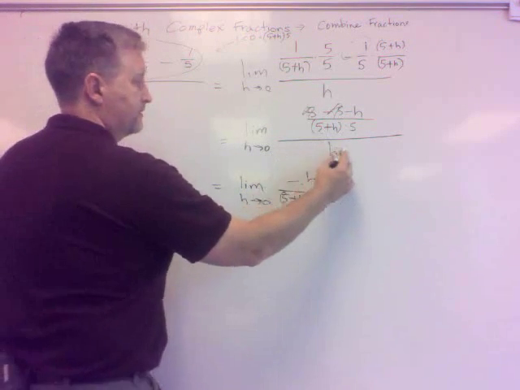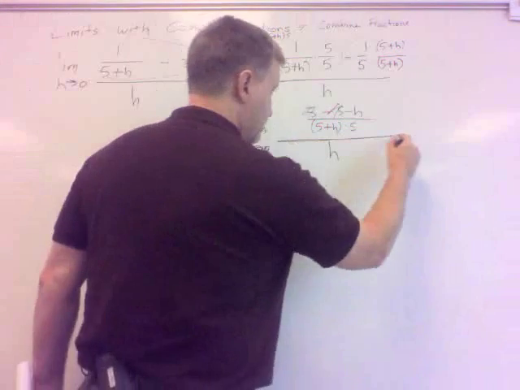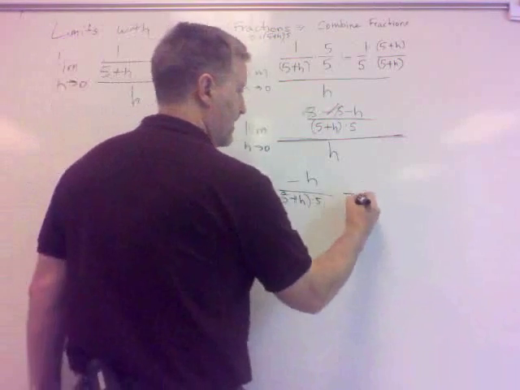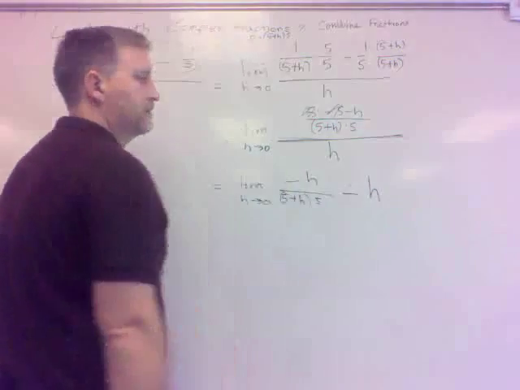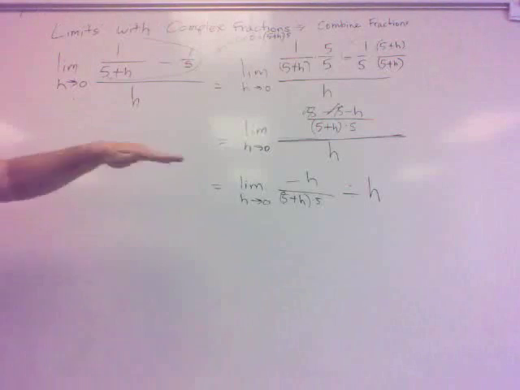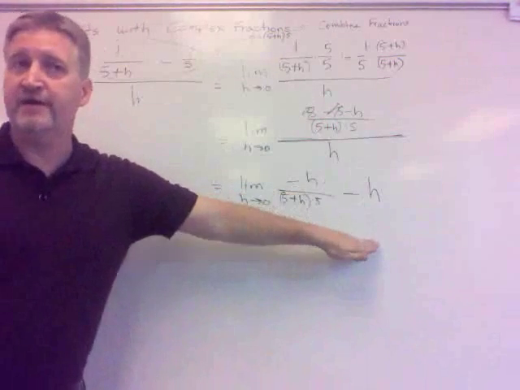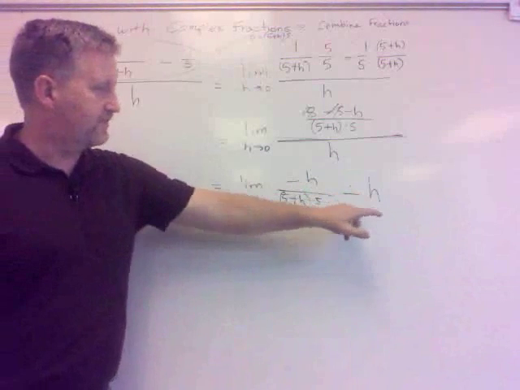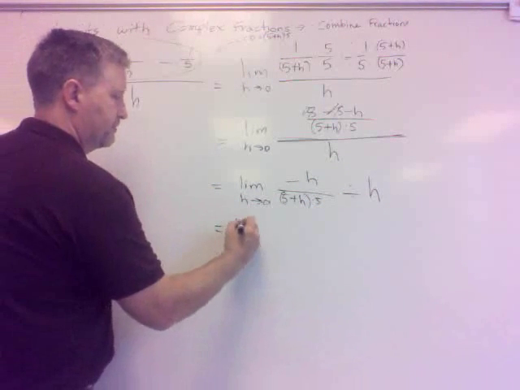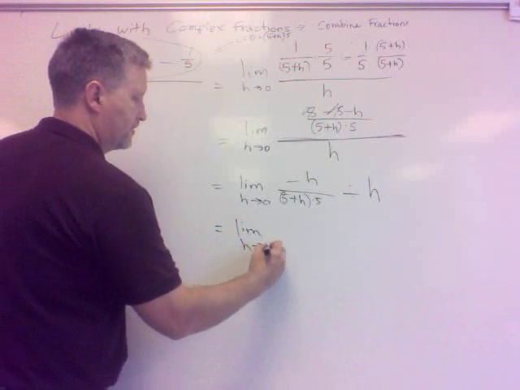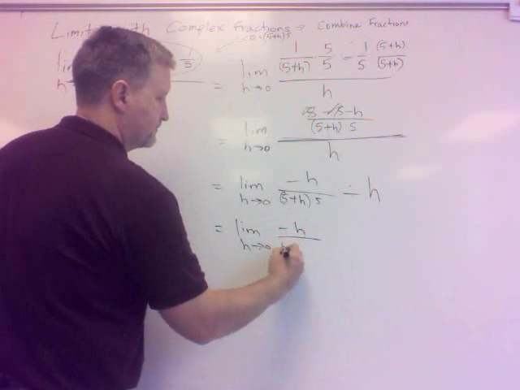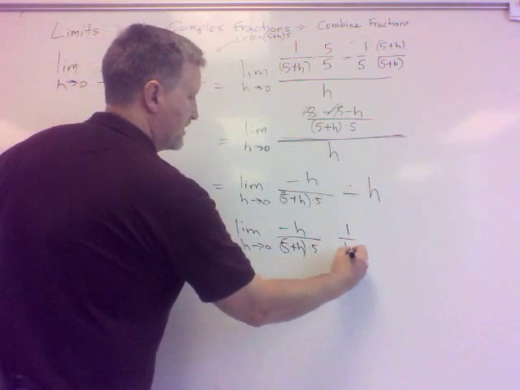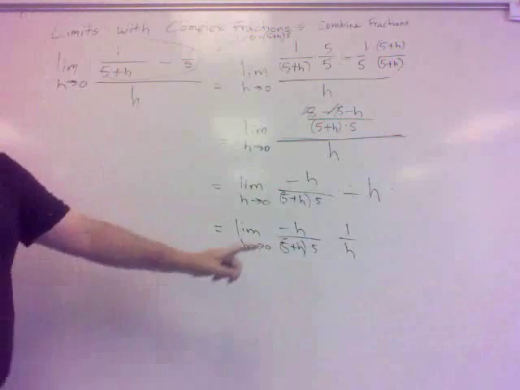And this over h is synonymous with, isn't it, divide by h? Isn't that what over h would mean? Divide by h. Okay, well, I put it in that form because doesn't divide by h mean times 1 over h? Isn't that how you divide by h, is multiply by 1 over h?